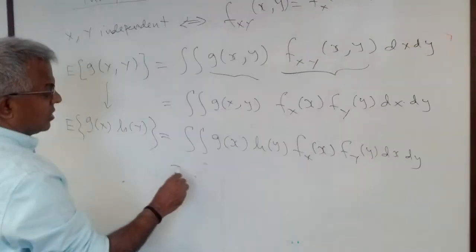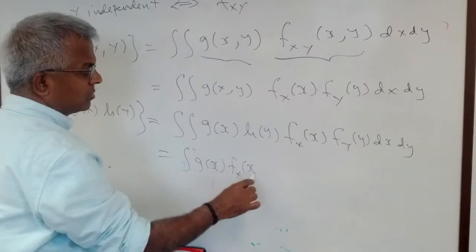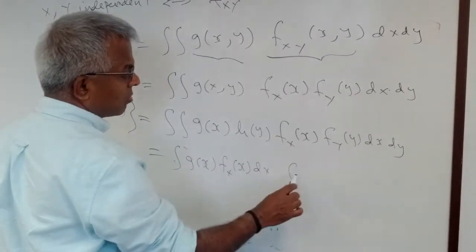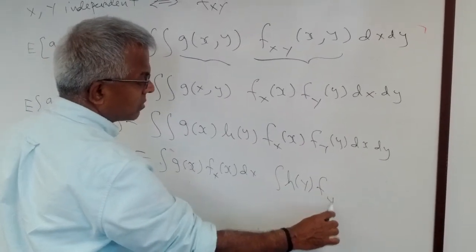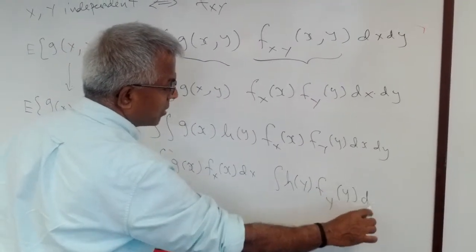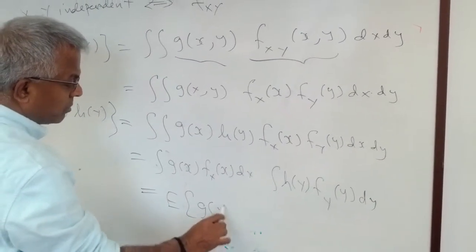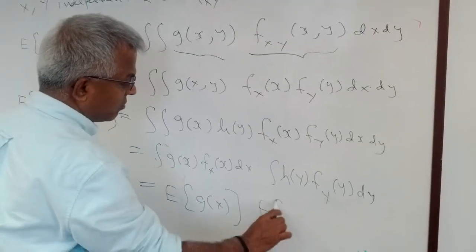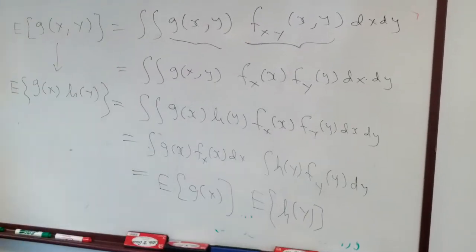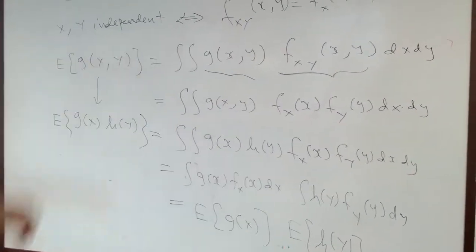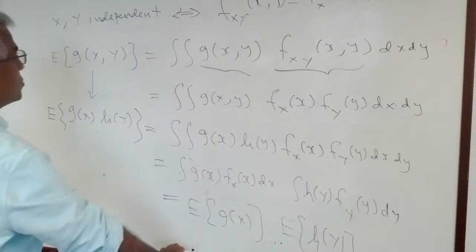Notice that this integral has split up now; you can separate the variables. So consequently, we can write it as the expectation of g(x) multiplied by the expected value of h(y). So this is an interesting simplification, and I'm going to use this to show you certain things on this correlation.